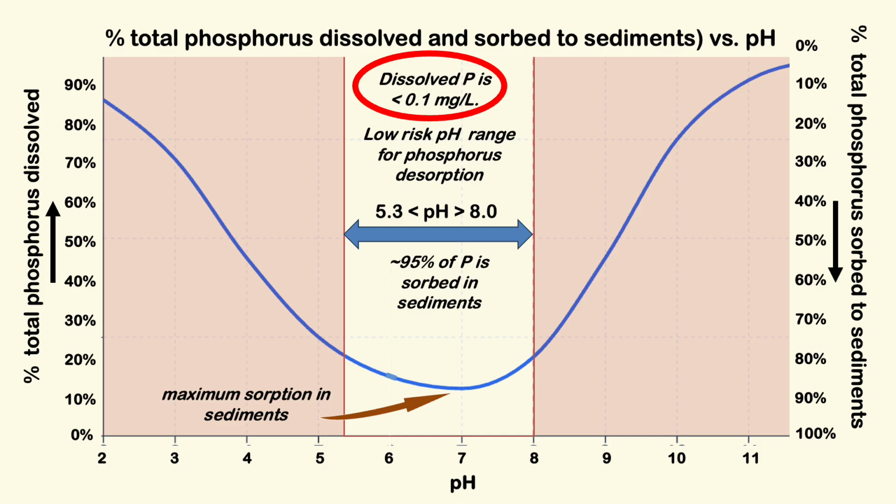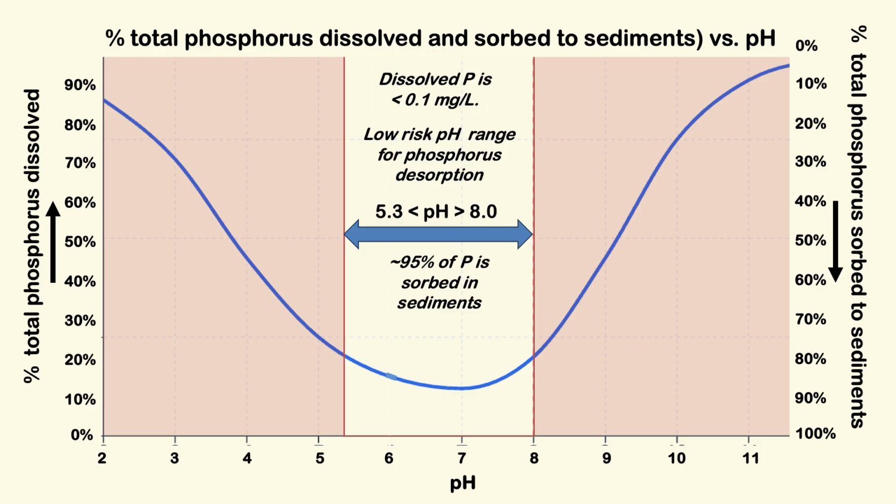This normally is sufficient for most aquatic life, but pH strongly affects the strength of phosphorus sorption to sediments, and slightly higher dissolved phosphorus concentrations can quickly cause algae blooms.